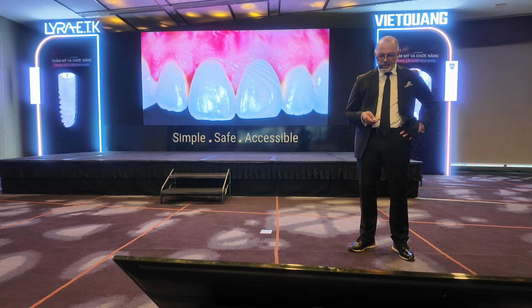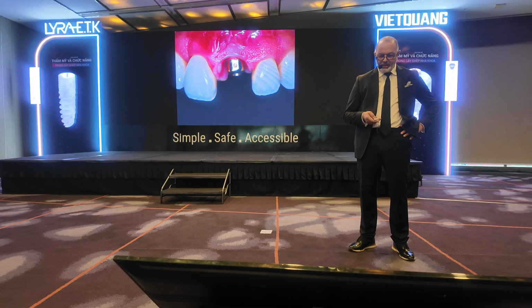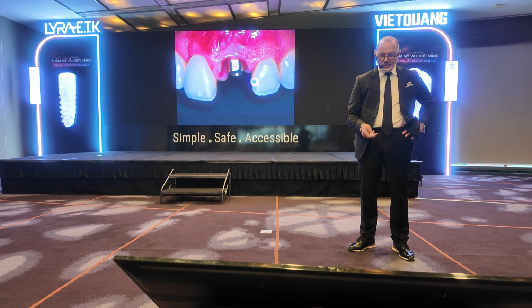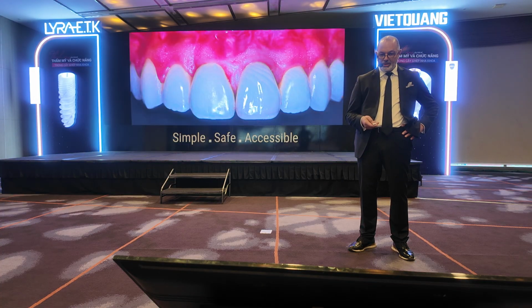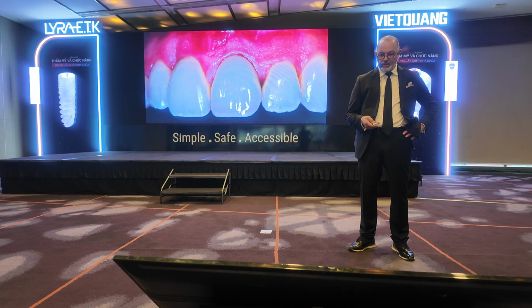Well, this is how it looks at the end, and what I really want you to see is how healthy the soft tissue is around this abutment, because the surface is really biocompatible. So this is the final restoration.